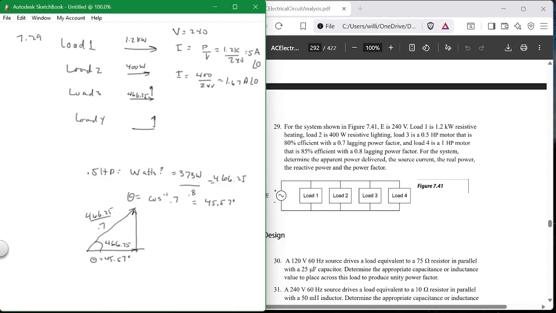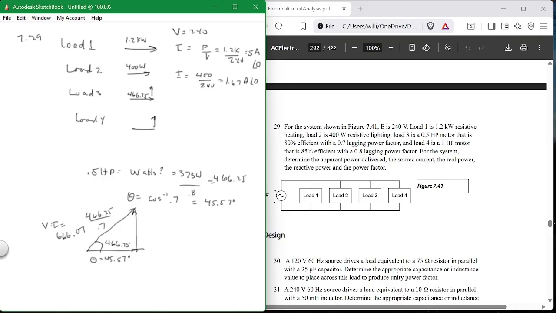What would that be? 466.25 divided by 0.7 is equal to 666. So this number here, this is V times I, is equal to 666.07.